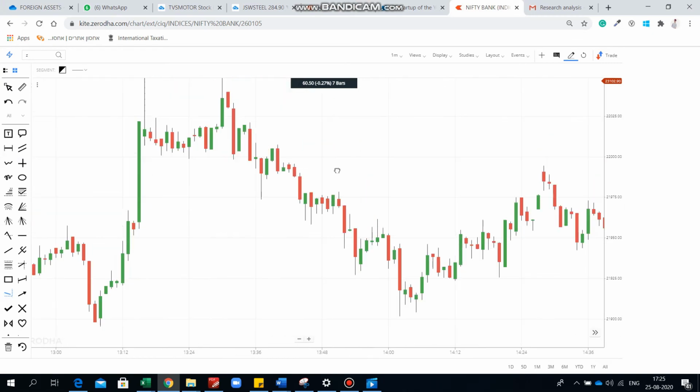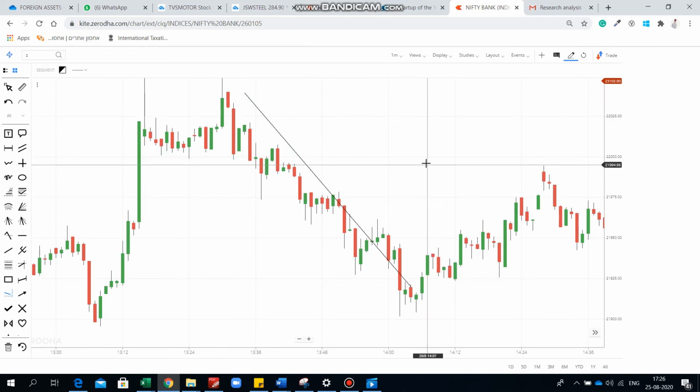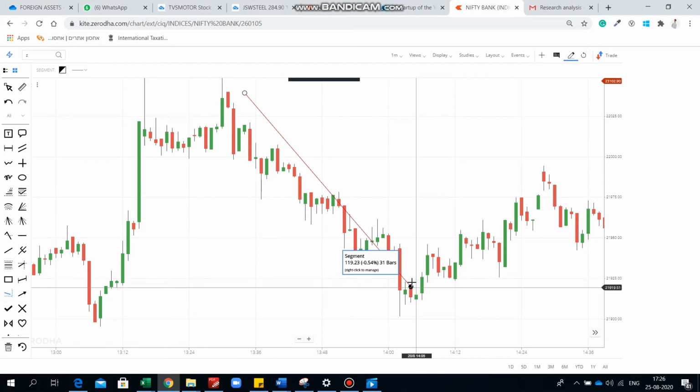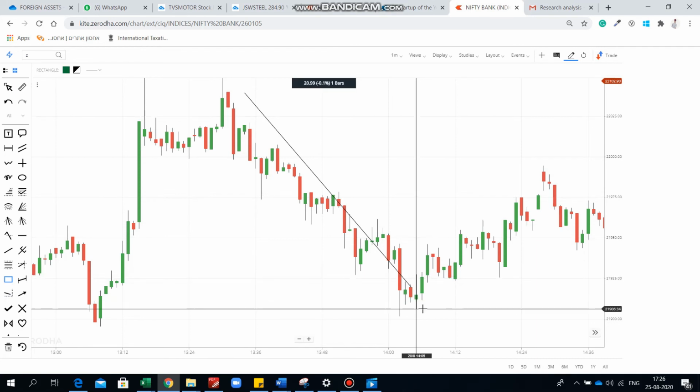So let's say here there is a good downtrend movement. I'll stop till here, and this is our red candle, and I'm going to take this as a bullish engulfing bar. Okay, I'll make this a bullish engulfing bar in order to make you understand.